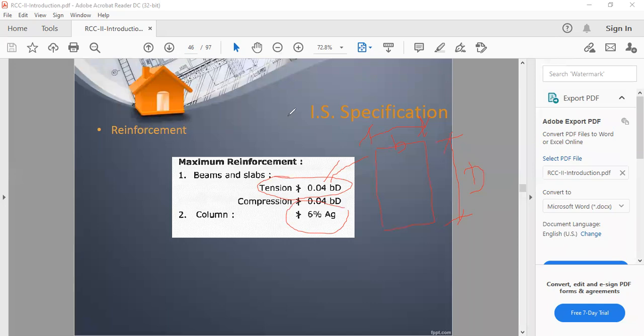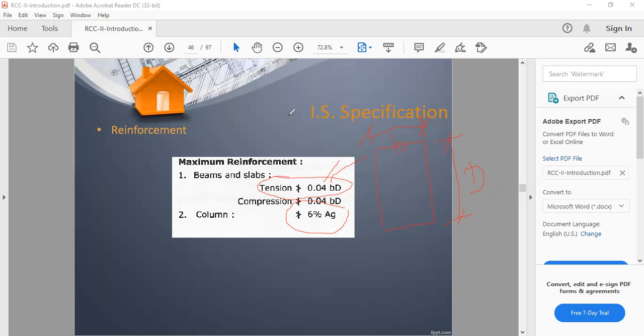But as per the IS code, it is saying you have to provide only 4% of the area. If you want to provide more than that, it may lead to cracks. If cracks develop, the concrete and the inside material will be exposed to the atmosphere, and the strength will get reduced.